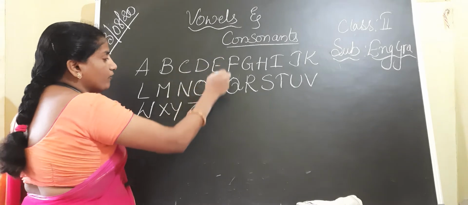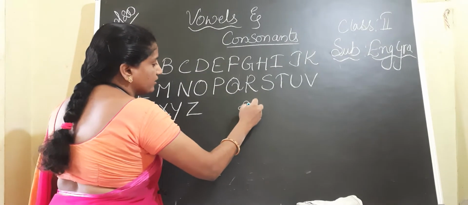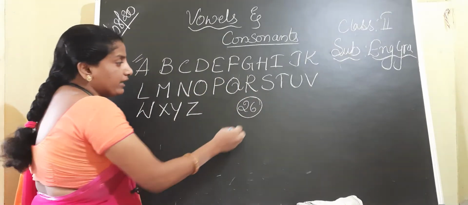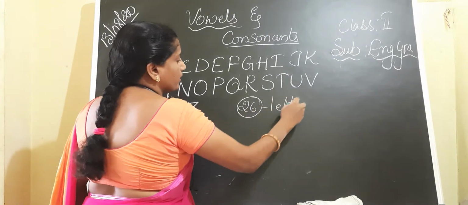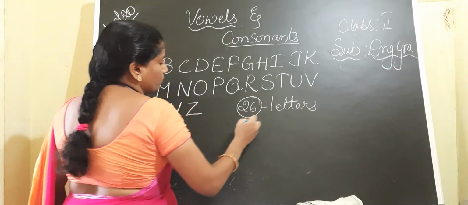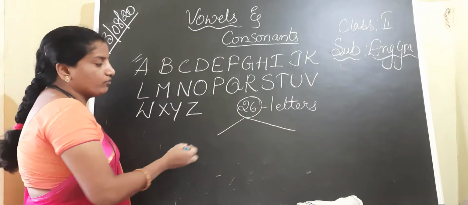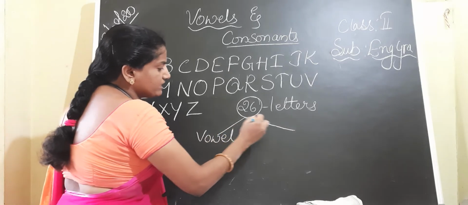Now these alphabets, how many are there, children? There are 26. How many letters are there in English? 26. And these 26 letters have been divided into two parts. What are they? First one, vowels.